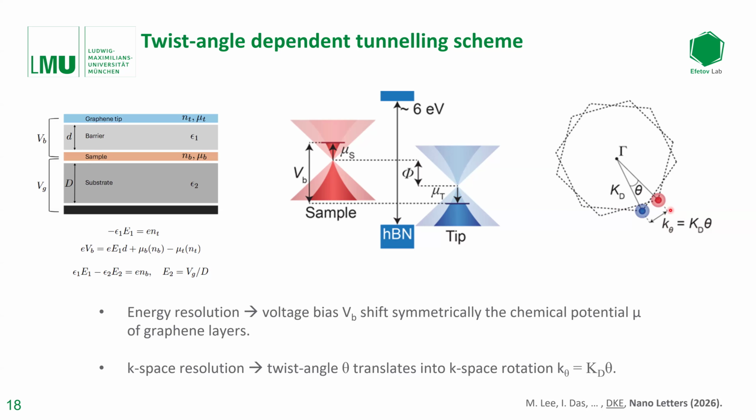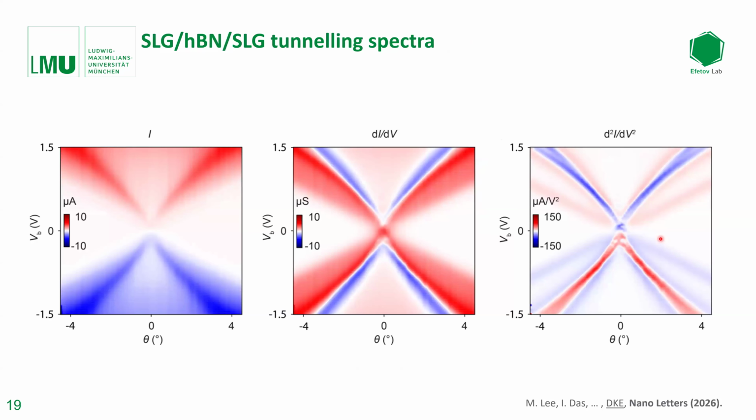For small angles, this momentum mismatch is proportional to the twist angle itself. So by rotating these layers relative to one another, we change the momentum between the two layers, and the momentum-resolved tunneling processes change according to this twist. This is what gives the momentum resolution of the process.